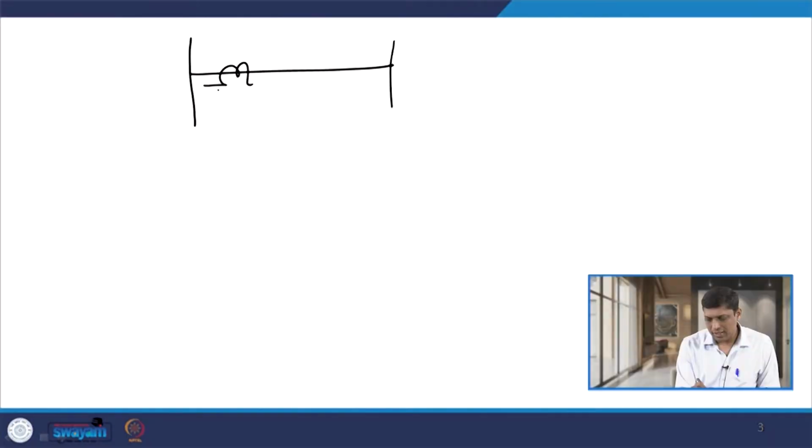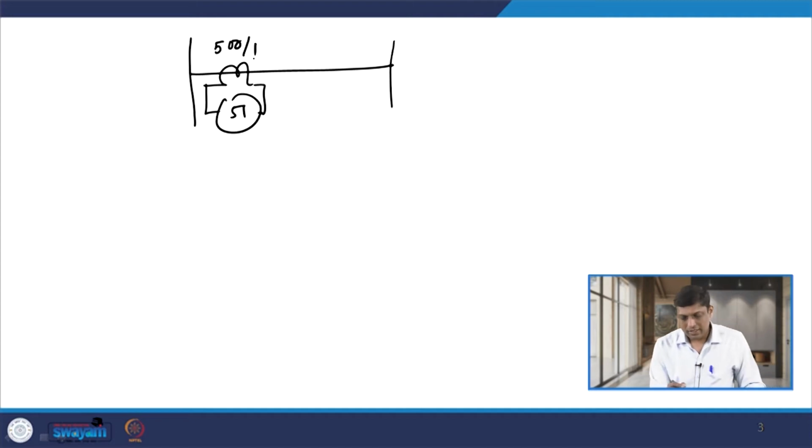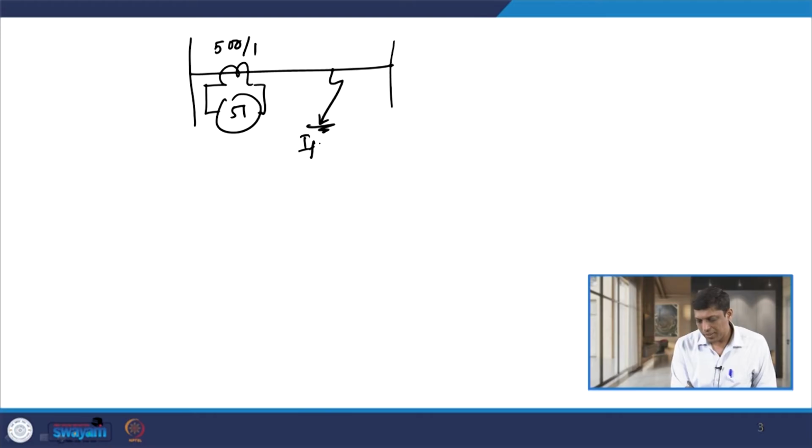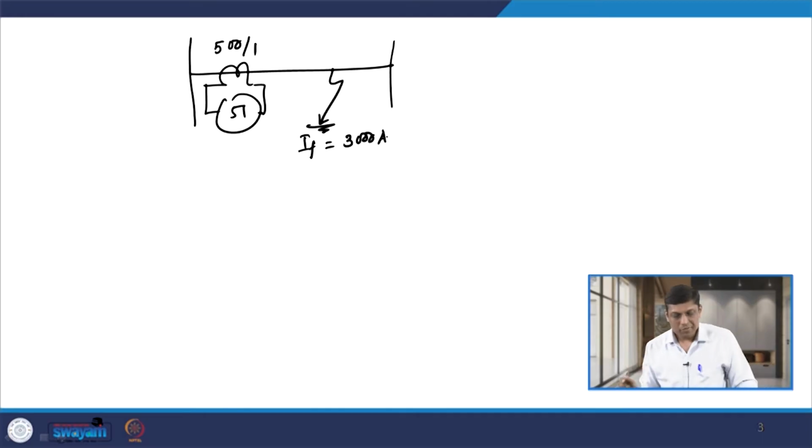To solve this example, let us consider the same data. Let us assume the feeder, and here relay 51 is connected. The CT ratio given is 500 by 1, and the fault occurs on this feeder. The fault current magnitude is given as 3000 ampere.